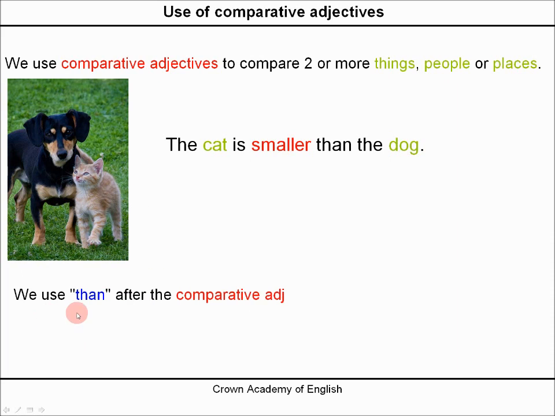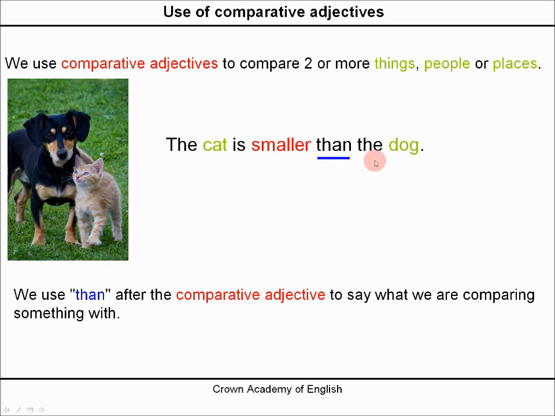And we use the word than after the comparative adjective to say what we are comparing something with. So than comes after the comparative adjective and before the second thing that we are comparing with.